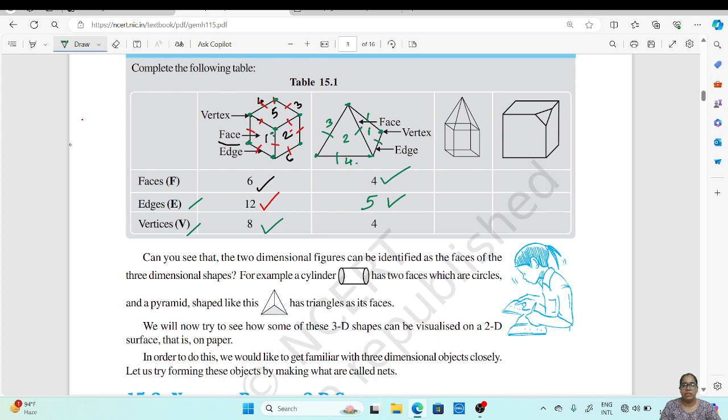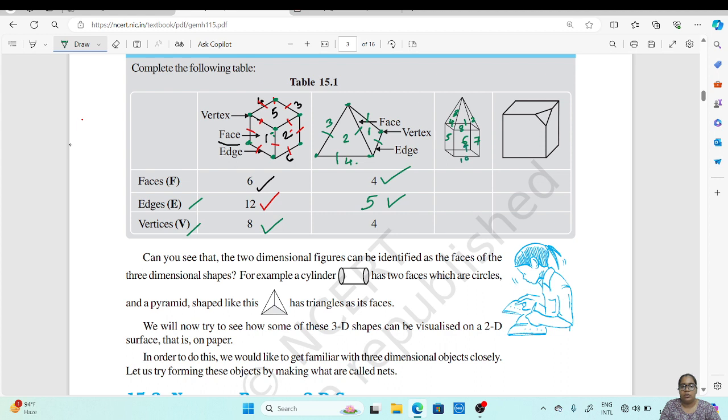Now let us take this shape and see how many faces, edges and vertices are present in this shape. So first is the face. So this is 1, this is 2, 3 and 4, 5, 6, 7, 8, 9, 10.